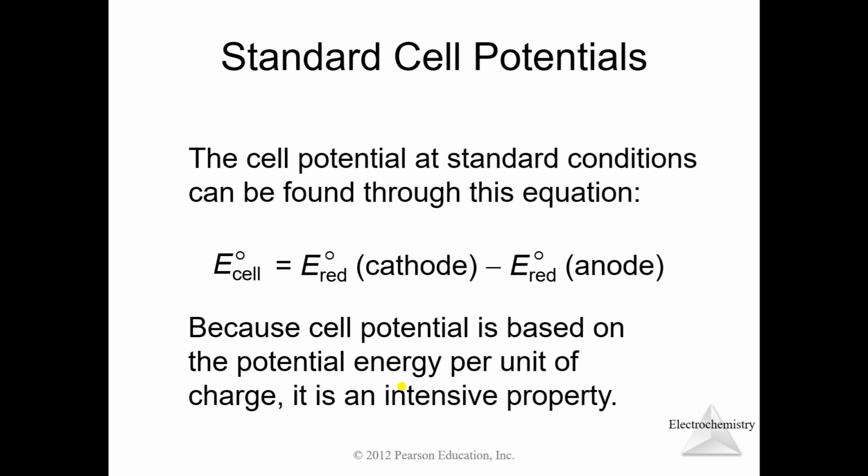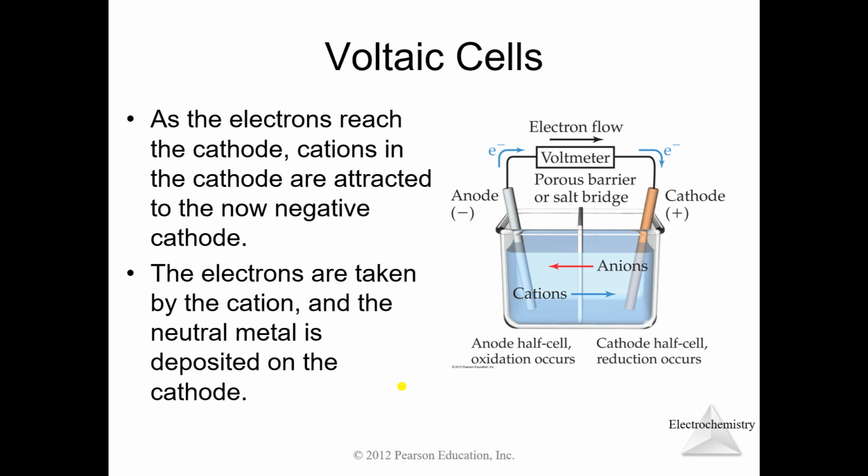The cell potential overall is equal to the cathode minus the anode. Now, if we go back, this is the flow of electrons clockwise. So the electrons are going from left to right.